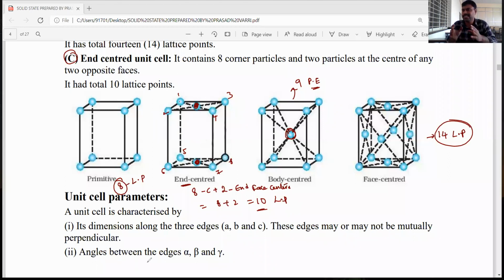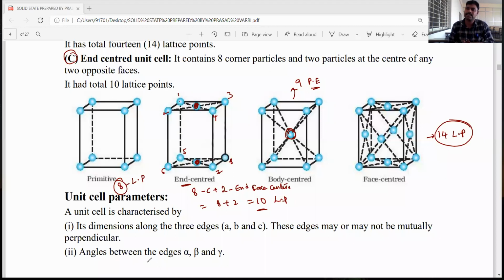Okay, dear students. Now, how many variable or measurable properties do these unit cells have? Those are known as unit cell parameters. The measurable properties of a unit cell are known as unit cell parameters. One is the edge lengths.